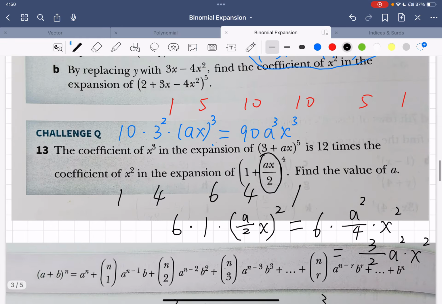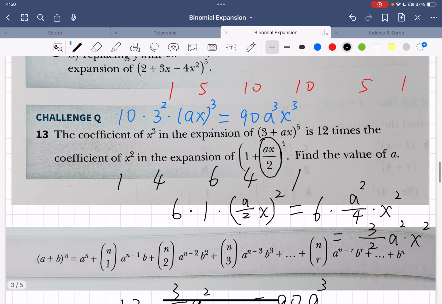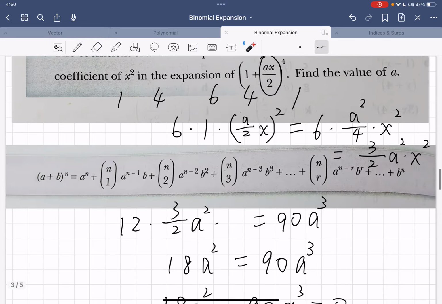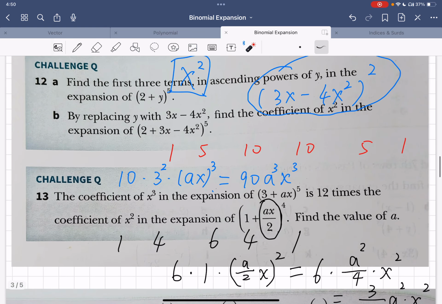And then look at the question again. Can a equal 0? Well, if a equals 0, then the third term, where is the third term?